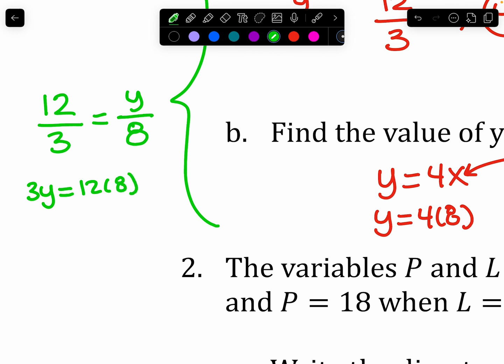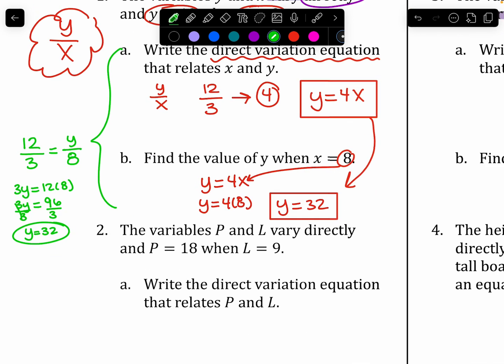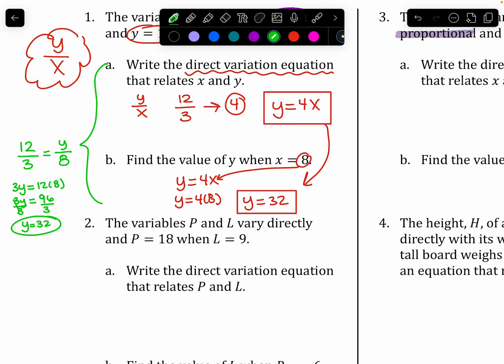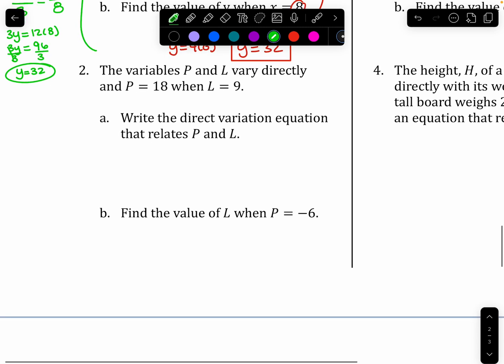And then I can cross multiply. 3y equals 12 times 8. I don't know what that is. 12 times 8 is 96. I always want to say it's 72. And then when you divide both sides by 3, 96 divided by 3 still gets me 32. So no matter what way I chose to do this question, I still end up with y being 32.